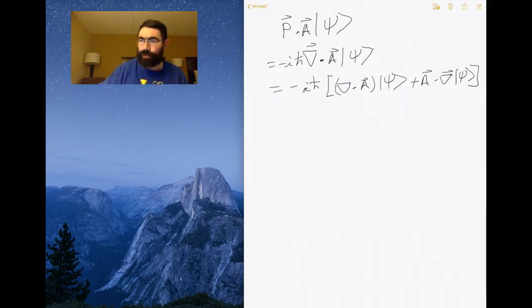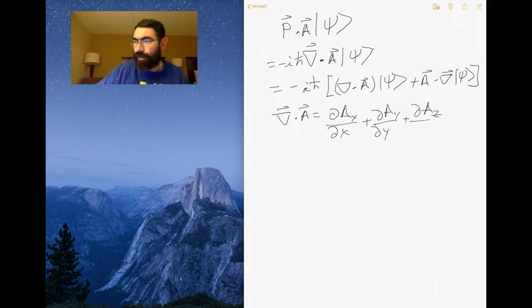So if we look at this, what is del dot A? Well, that's going to be the derivative in the x direction of A with respect to x plus the derivative of A_y with respect to y plus the derivative of A_z with respect to z.